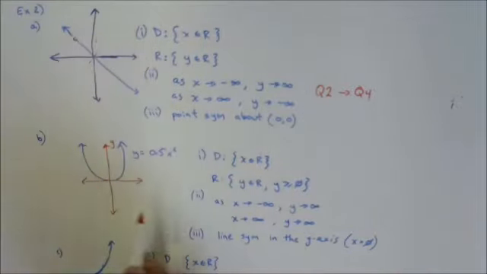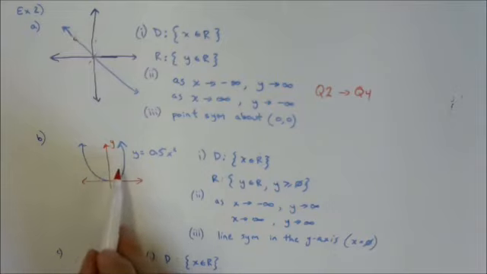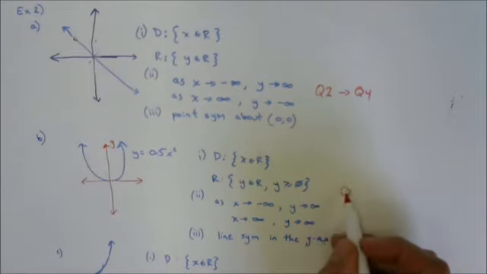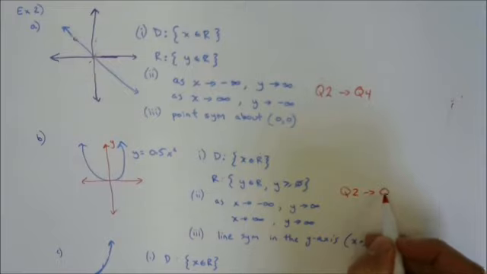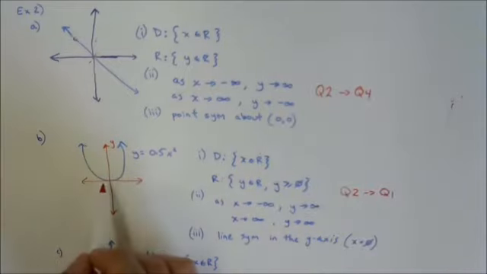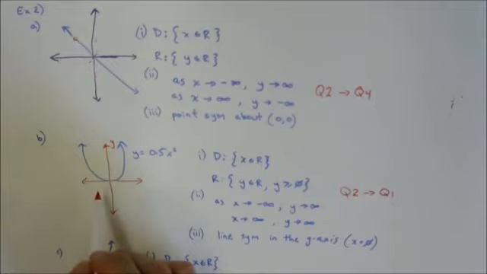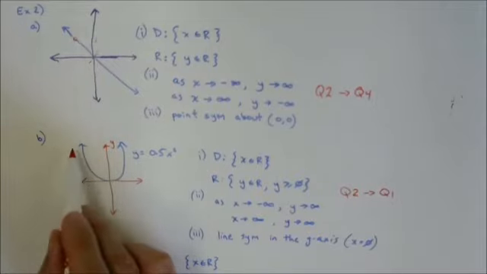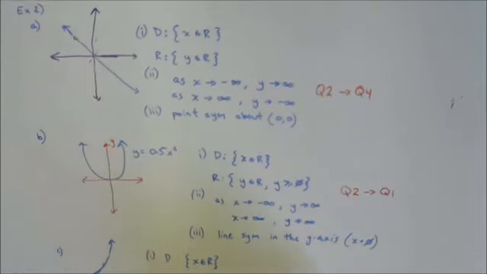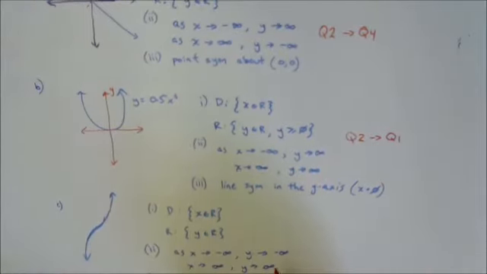Okay, what about this guy? Quadrant 2 to quadrant 1. Okay, Q2 to Q1. That tells you that whatever it's doing, it's ending up in quadrant 2, so it must be going to positive infinity along the y-axis, okay? And the last guy is going from quadrant 3 to quadrant 1.